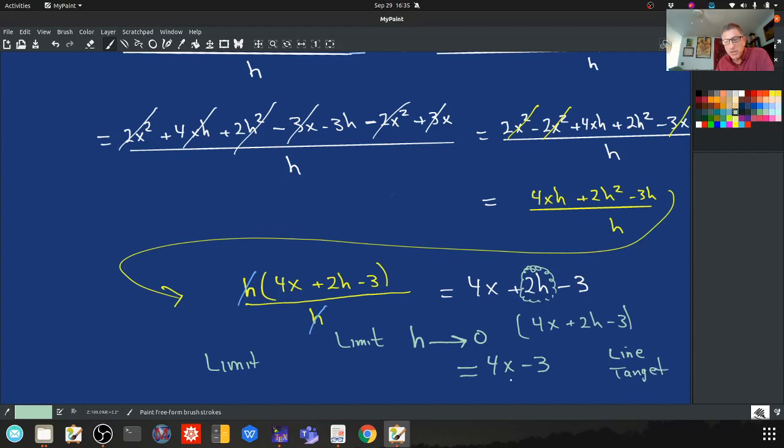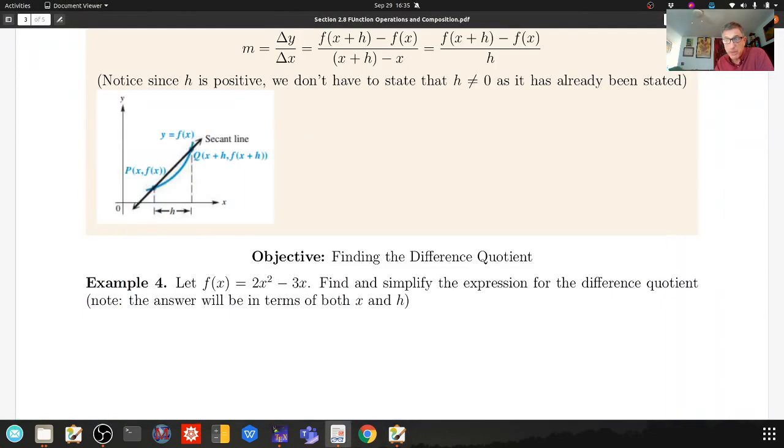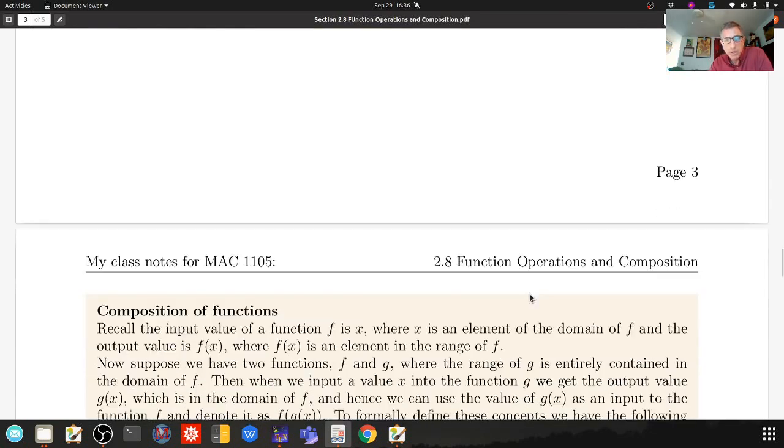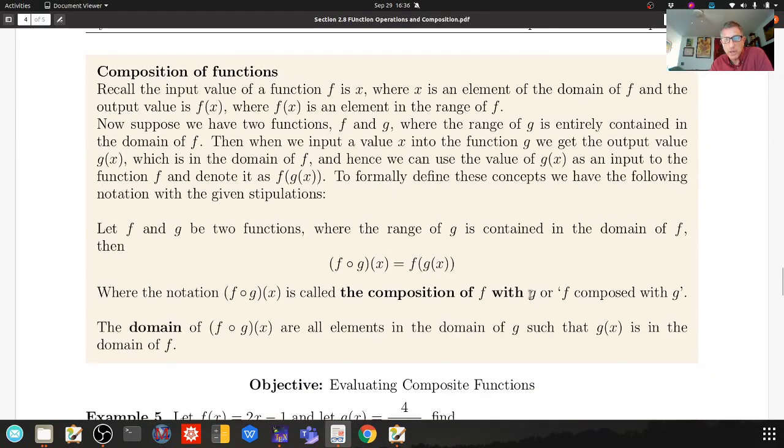So you can literally find the tangent line for any point on that graph. But of course that's not anything we have to worry about in our class. That's the whole point of introducing you to the difference quotient.